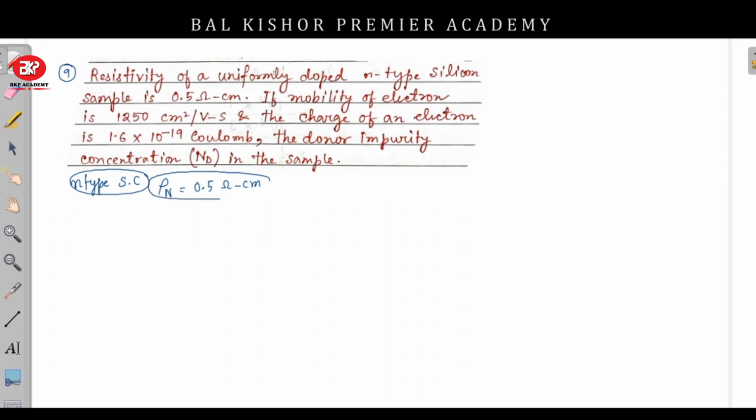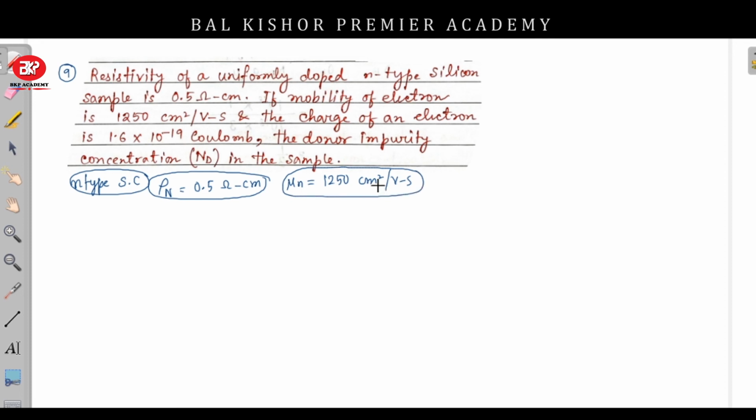The mobility value is given as 1250 centimeter square per volt second. So this is the mobility value.